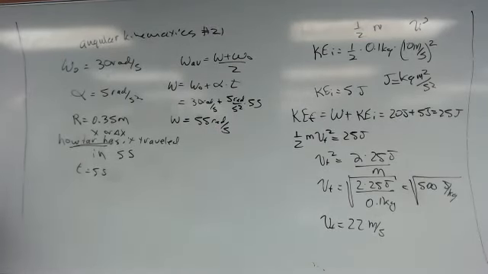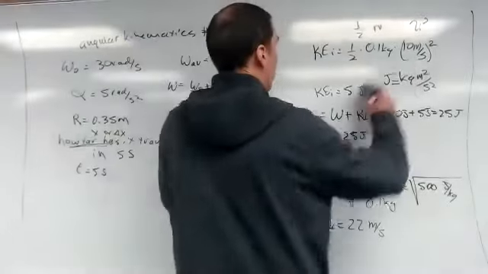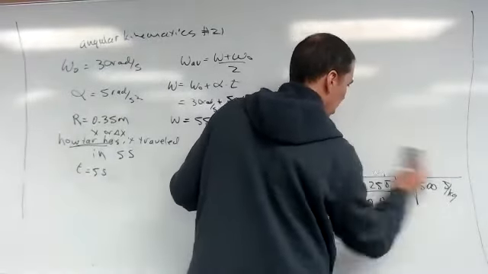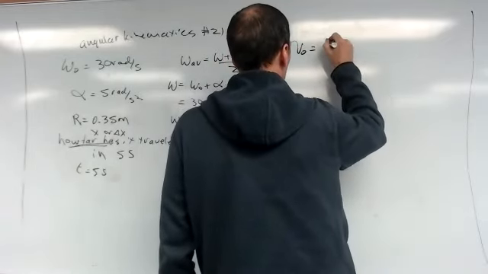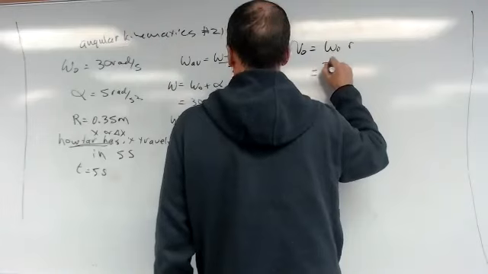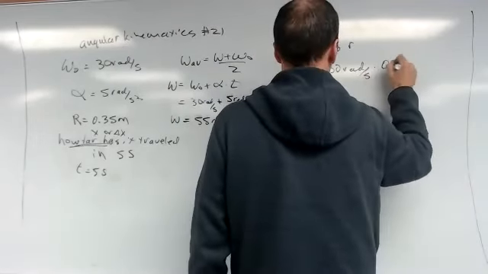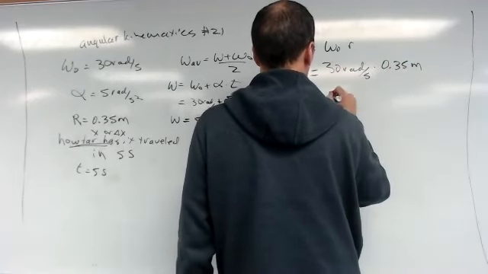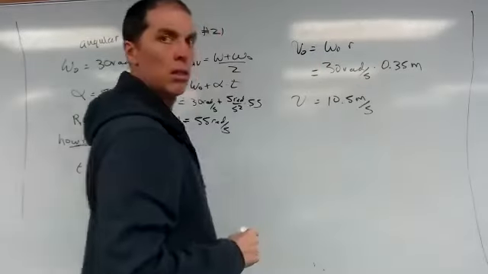So how does that help me? Multiply it by the radius, and that gives you the velocity. Same thing, I can get the initial velocity, right? So I could say V naught is equal to omega naught times r, which is 30 radians per second times 0.35 meters, which is like 10.5 meters per second, where I just dropped out the radians, right?